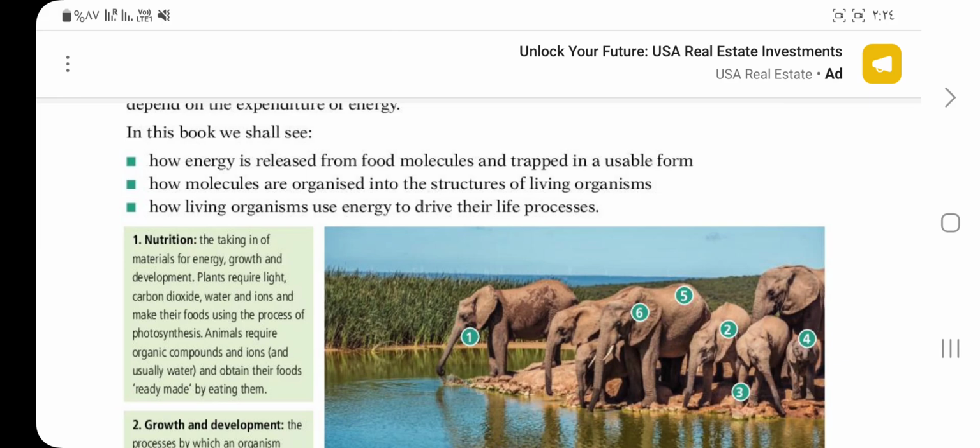In this book, we shall see how energy is released from food molecules and trapped in usable form, how molecules are organized into the structure of living organisms, and how living organisms use this energy to drive their life processes. Again, any living organism should have a supply of energy for its life.